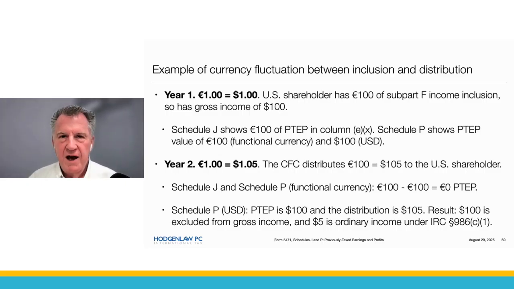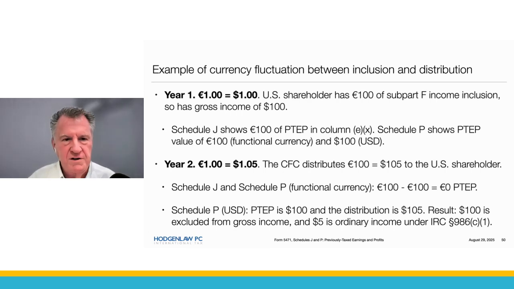But in this last part, Schedule P expressed in dollars is going to say, had PTEP $100, received $105, used up PTEP of 100, what's this 5 left over? How do I report that? And the answer is, it's ordinary income under Section 986, the currency rules.